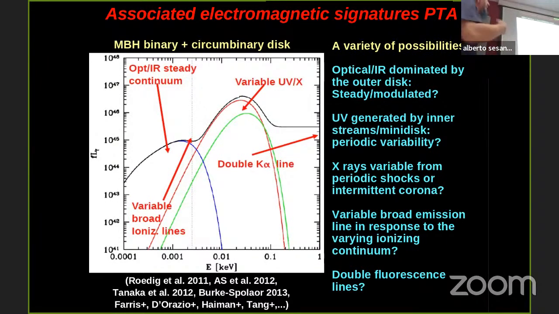You can expect variability of the broad emission lines. You can expect variability of the K alpha iron lines, for example. So there is a whole plethora of things that you can go and check for if you have a gravitational wave detection backing up the fact that somewhere there is a binary with this frequency and this mass, more or less. Okay.